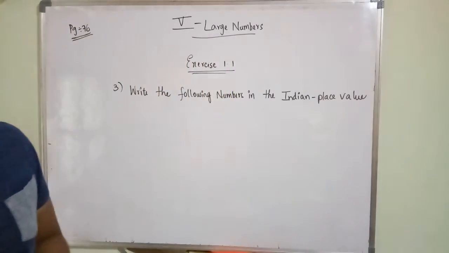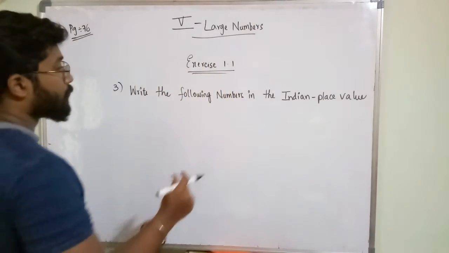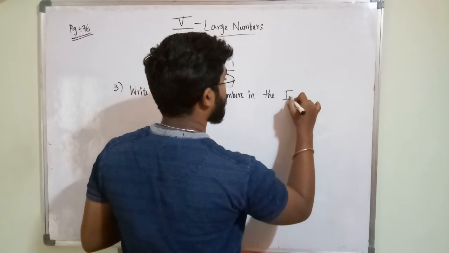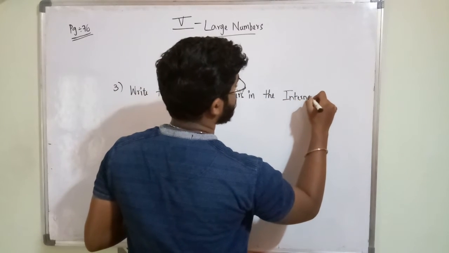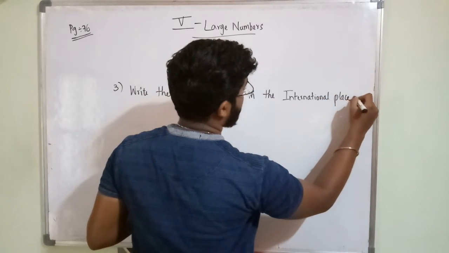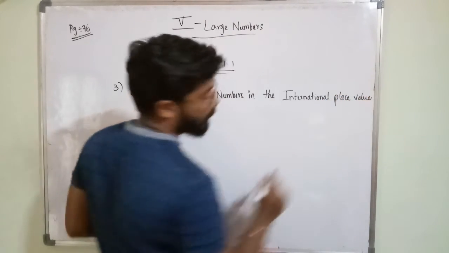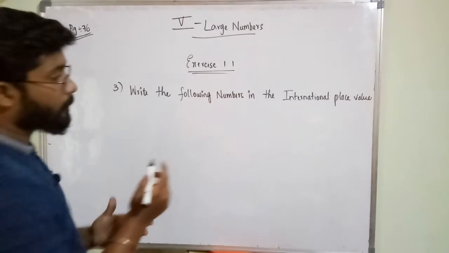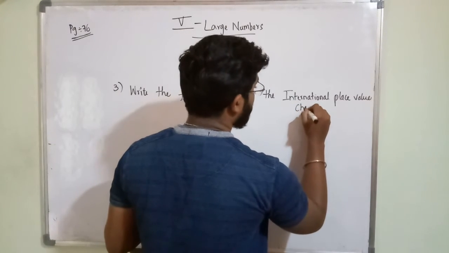Next is fourth bit. This is the international place value chart given below.